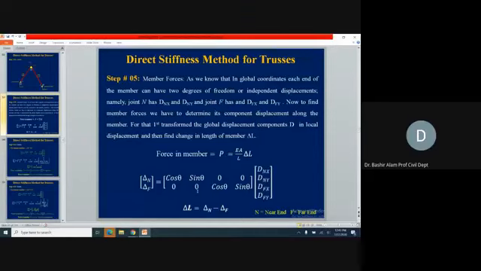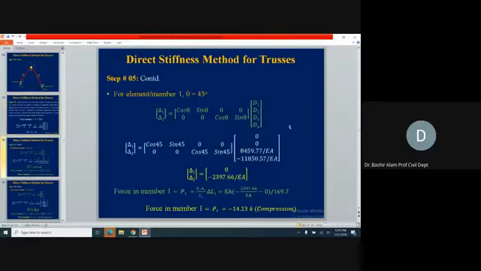This is the transformation or rotation matrix for the pin jointed frame element. These are the global displacements, and how they are related with the help of this transformation matrix to the local displacements. The difference of these local displacements will give you the change in length. Now, member number 1: here we see delta 1, delta 2.